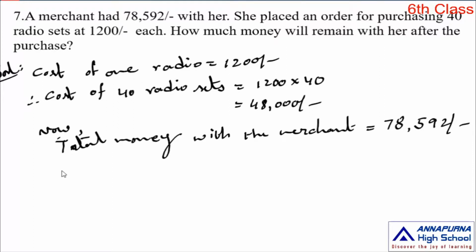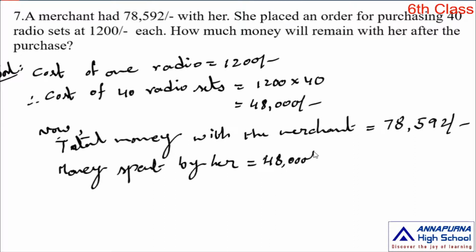Next, money spent by her. How much money is spent by her on 40 radio sets? That is 48,000. To find their difference, we get the answer.